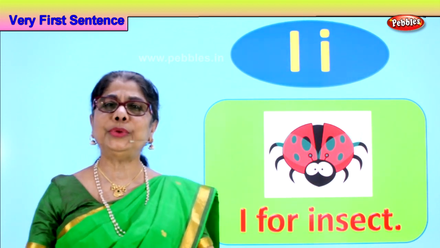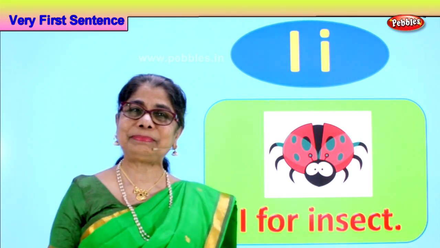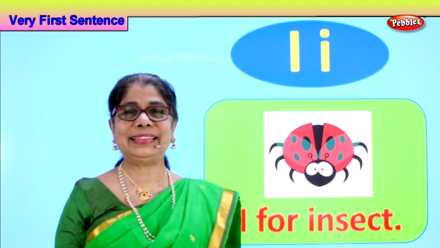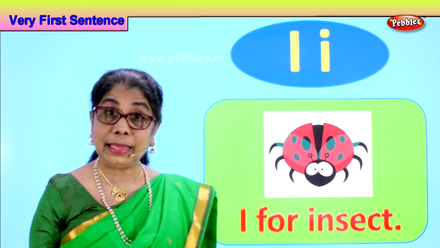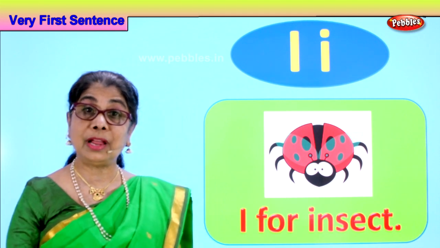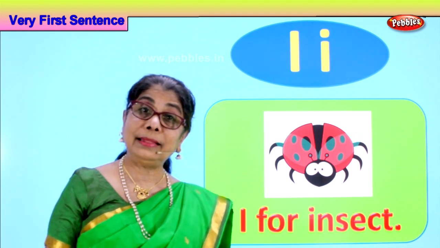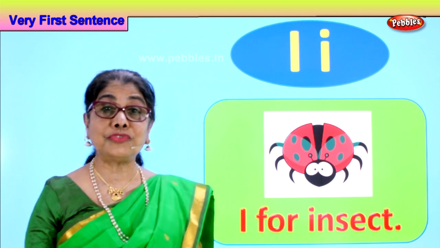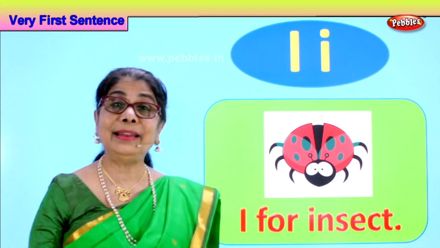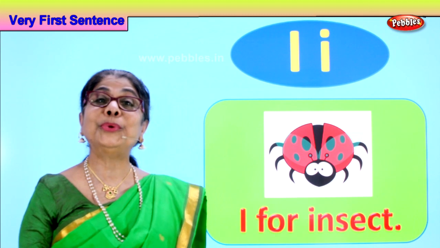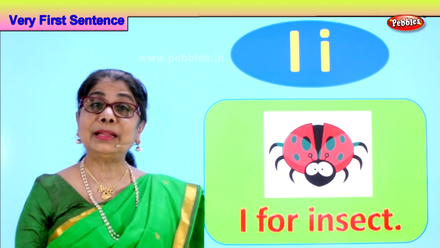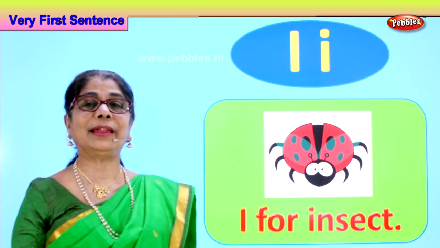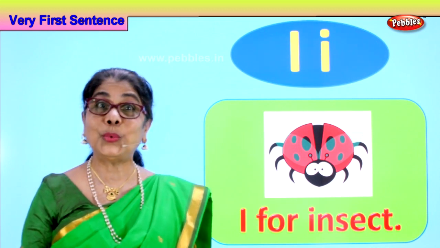Now, where do you see insects? Tiny insects are found in the house, in the kitchen, outside, on the road, on the tree, in the garden, anywhere you go, you find insects. Now, who's the best friend you have in the night who bites you, wakes you up?